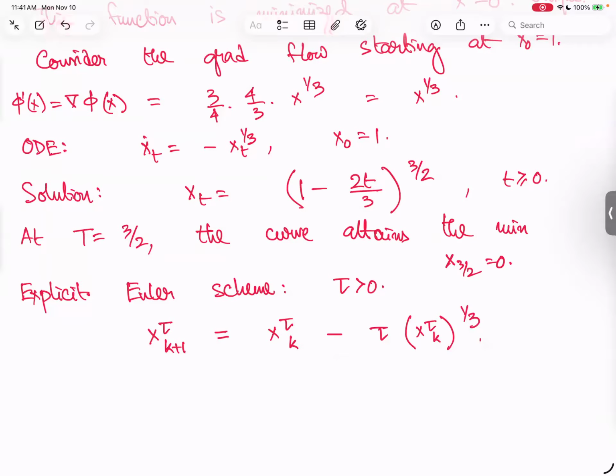I start at 1. Now I want you to tell me why this discretization scheme cannot converge to the minimum no matter what tau is. Can anyone tell me why?